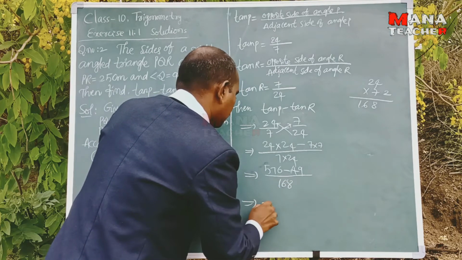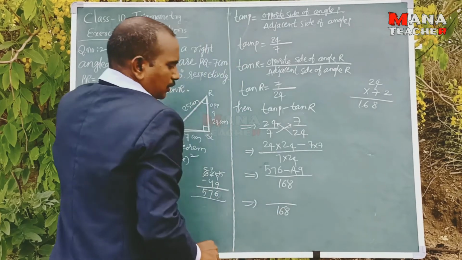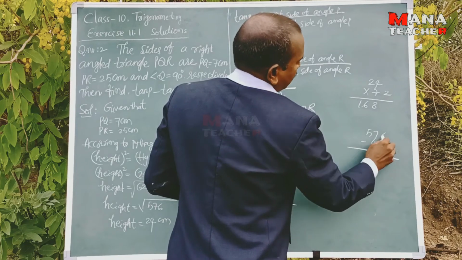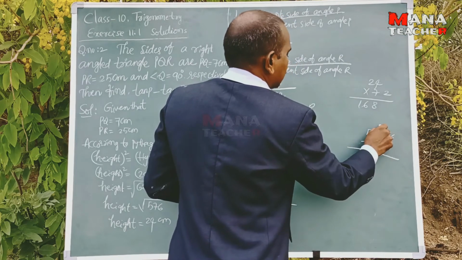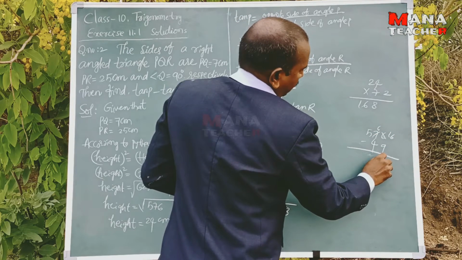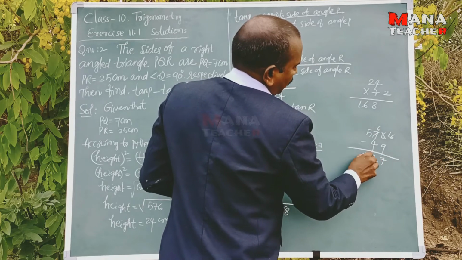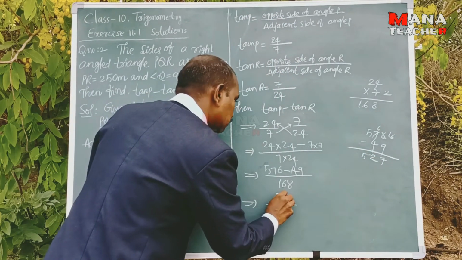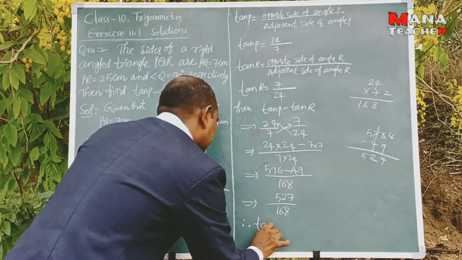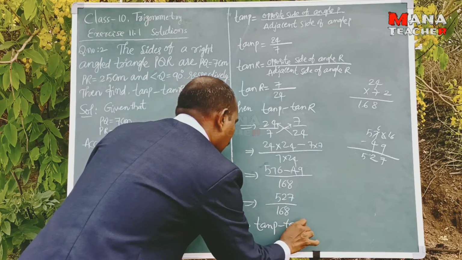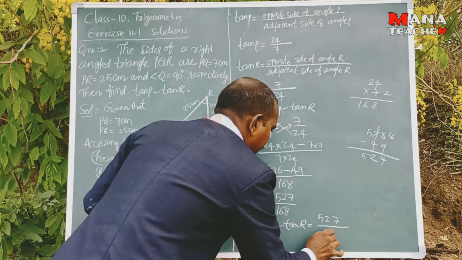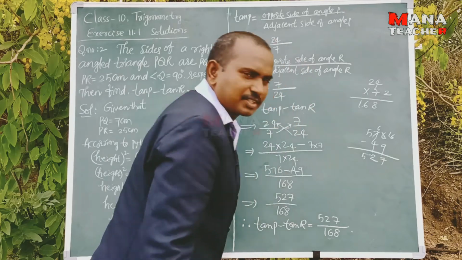So 576 minus 49 is 527. Therefore tan P minus tan R equals 527 by 168. So this is the solution.